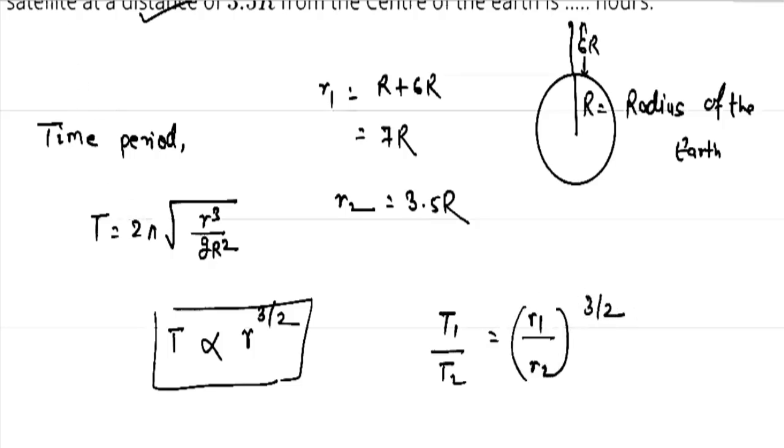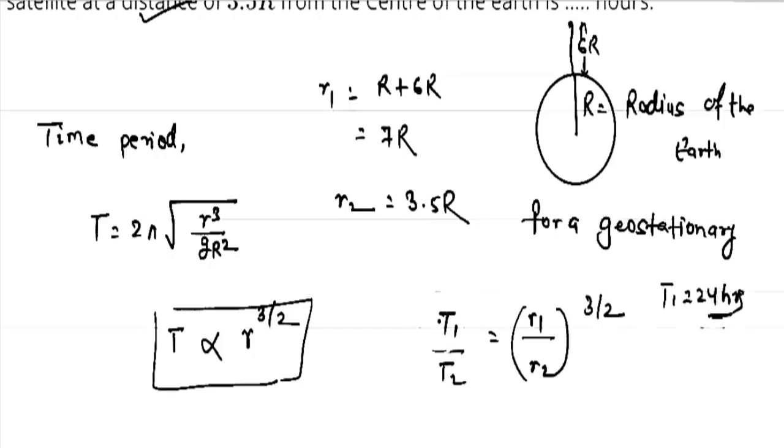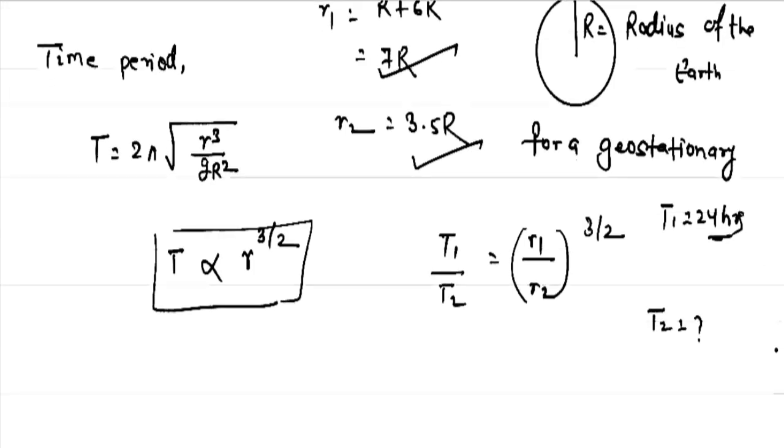Now we also know that for a geostationary satellite, time period T1 is equal to 24 hours. So we put this value here and we have to find T2. What is the value of T2? And R1 is here, that is 7R, and R2 is here, that is 3.5R.